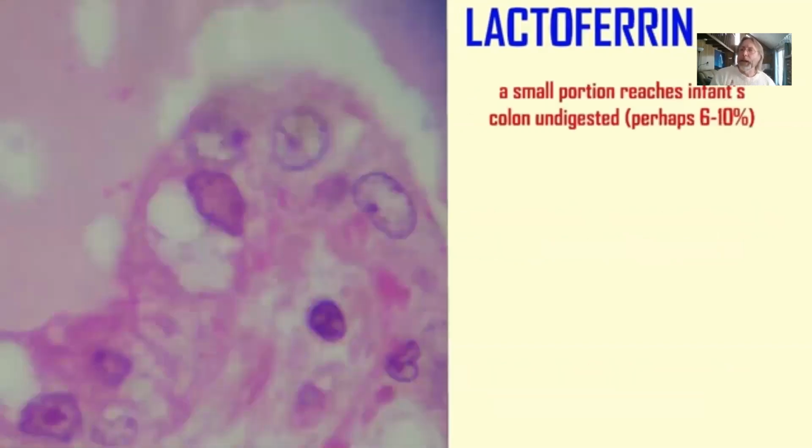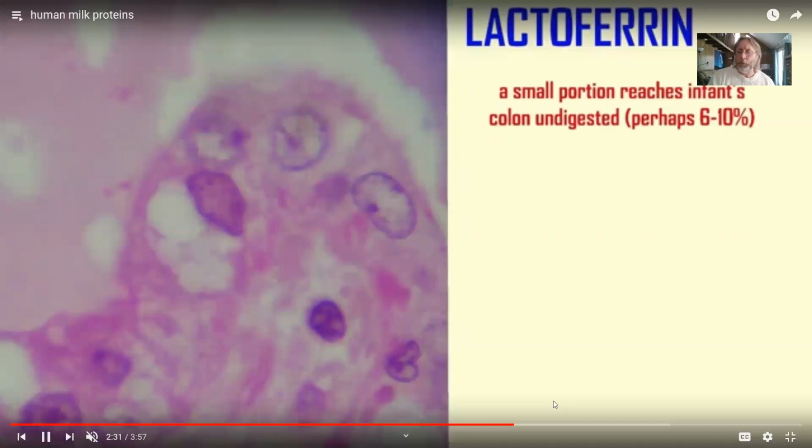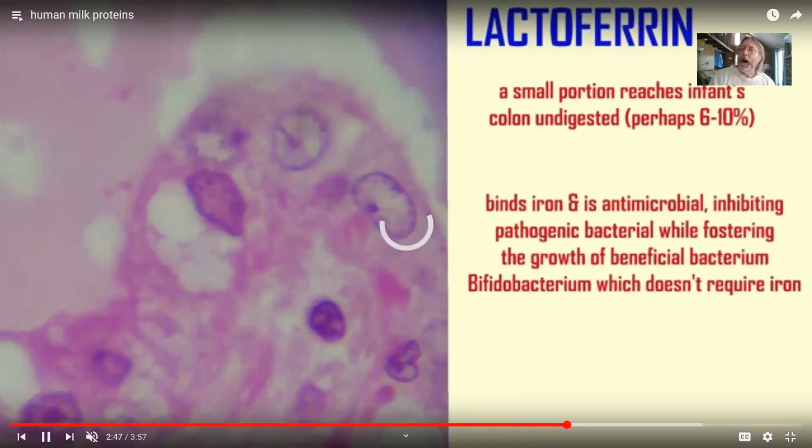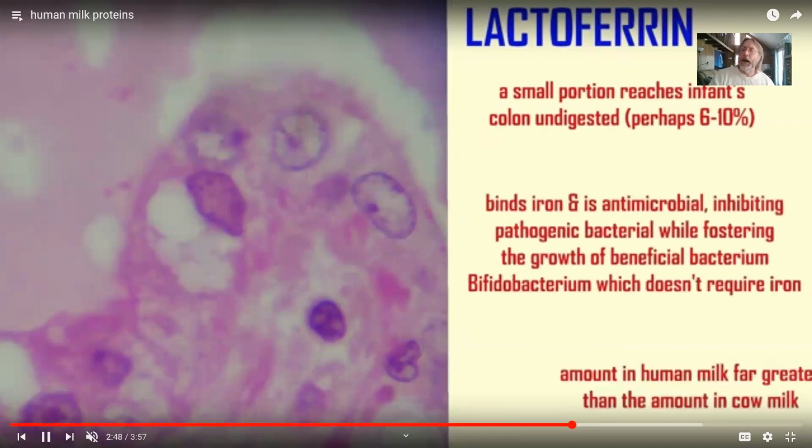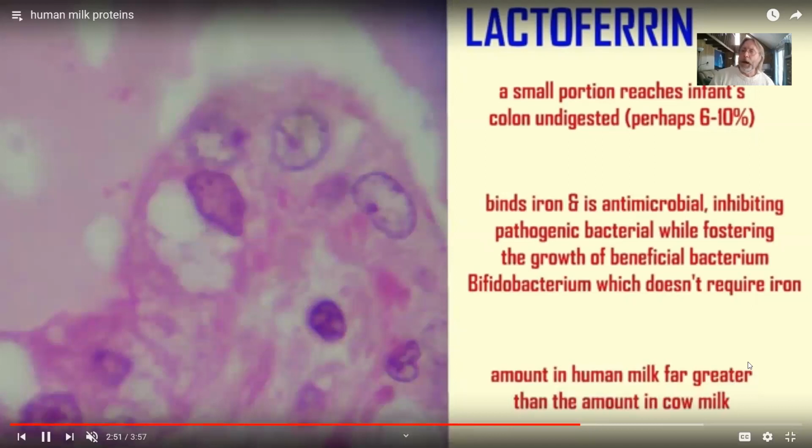And so duplications of genes not related to milk production are involved in mammary gland formation and function. Lactoferrin can do a couple of things, including bind iron. And because it binds iron, it helps to promote a healthy microbial content in the infant's colon.